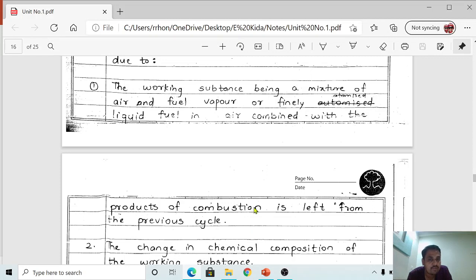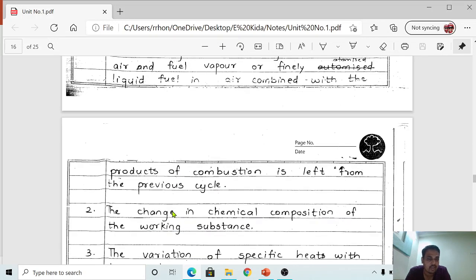Definitely there is some product of combustion which remains inside the engine cylinder, and every time fresh air and fuel mixture mixes with the product of combustion left from the previous cycle, and this affects the actual cycle itself. So this is one of the differences. Because of that there should be a deviation between the actual cycle and the theoretical cycle.